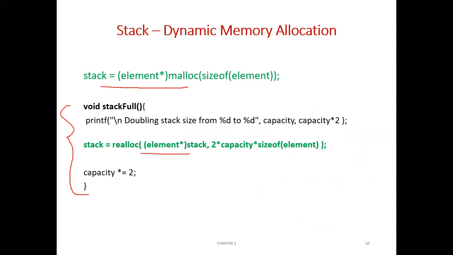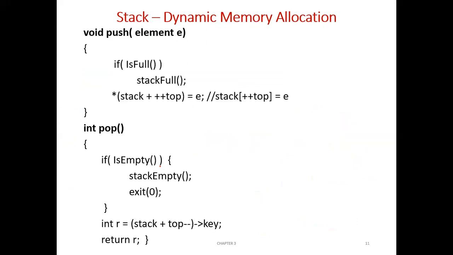Okay, right. And what are the other functions we'll discuss. So this is the push function, which will take an element of type E. Before pushing, we check whether the stack is already full or not, using is full. The code for is full is very similar to that of the normal stack.